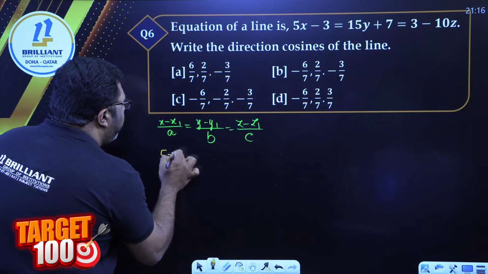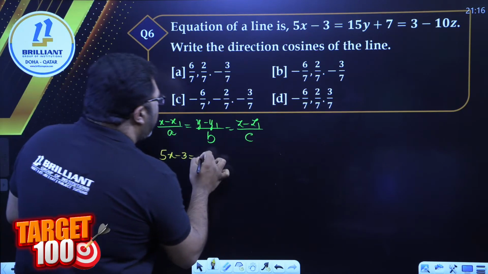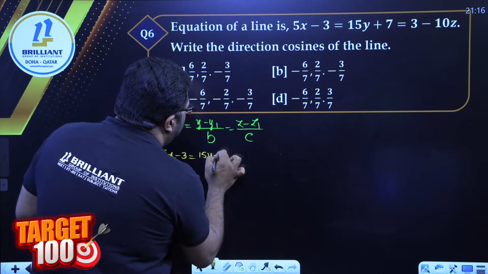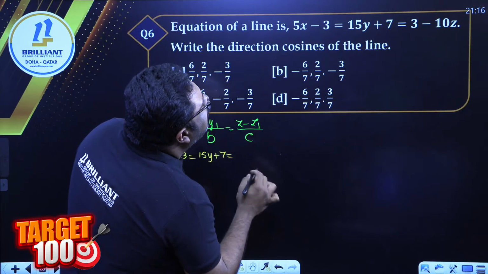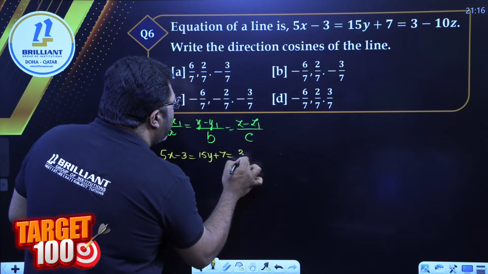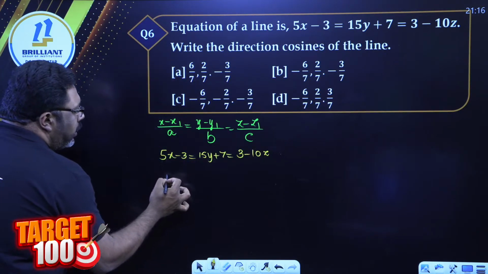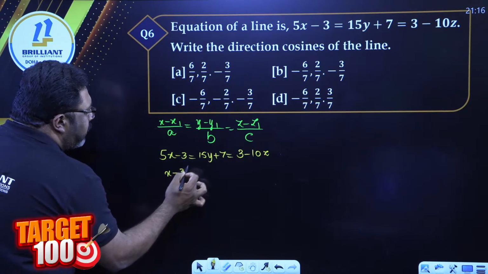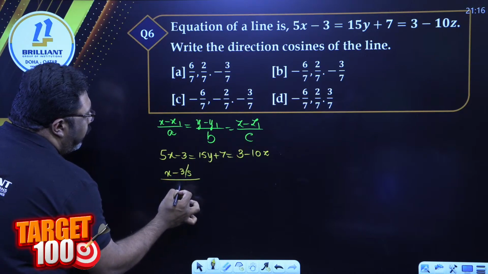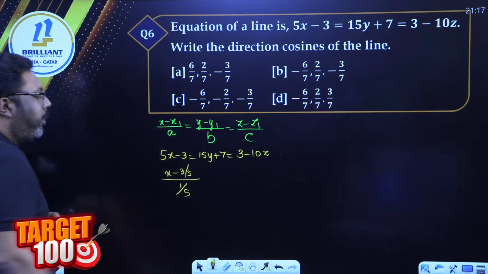The equation is 5x minus 3, 15y plus 7 and 3 minus 10z. Rearrange it, you will get this as (x minus 3 by 5) divided by 1 by 5.